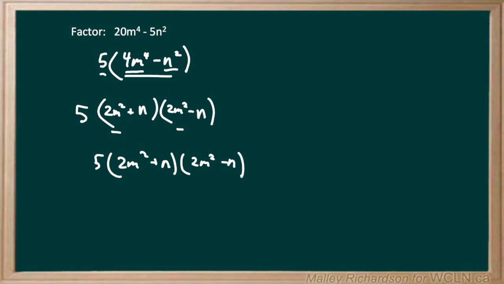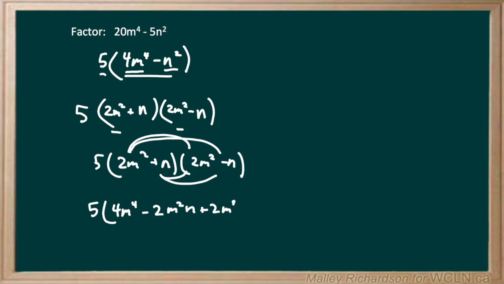Now let's see if our final answer is correct by using our distribution laws. So we'll multiply 2m squared by everything in the second bracket, and then our n by everything in the second bracket as well. So we'll have our 5, and then 2m squared times 2m squared is 4m to the 4. 2m squared times negative n is negative 2m squared n. n times 2m squared is positive 2m squared n, and then n times negative n is negative n squared.